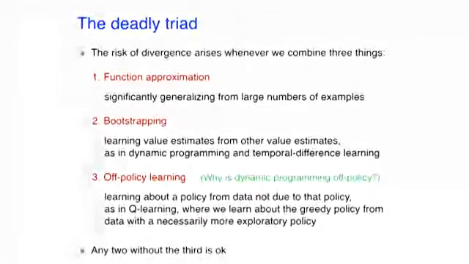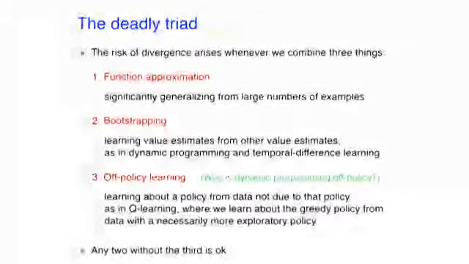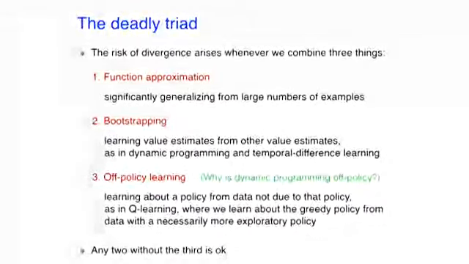Oh, I guess I have a little question. Why is dynamic programming off policy? Dynamic programming doesn't have a policy, does it? In dynamic programming, you sweep through the state space and you update them all. Okay? But it turns out that sweeping through the state space is like a policy. It's analogous to what in a learning algorithm, it's, what places are we updating?